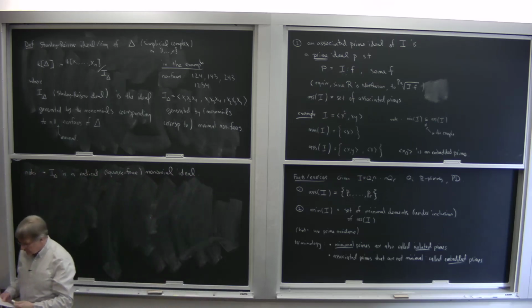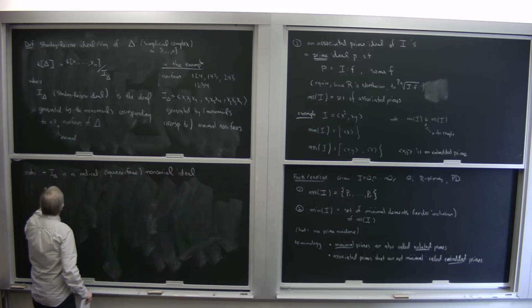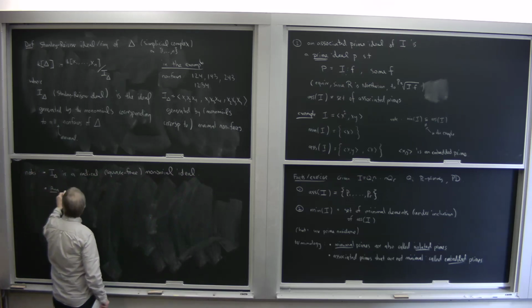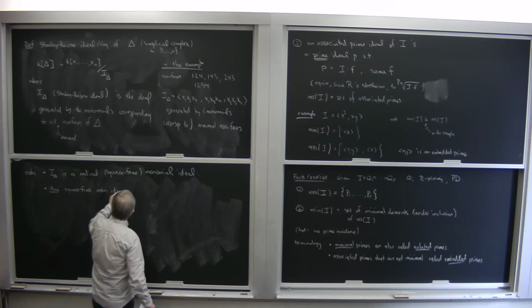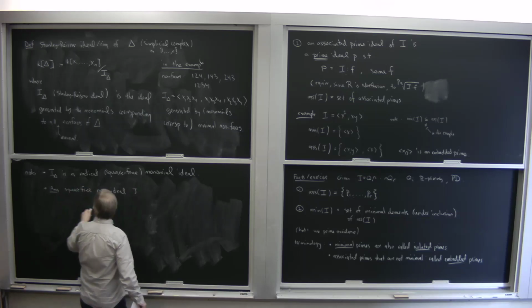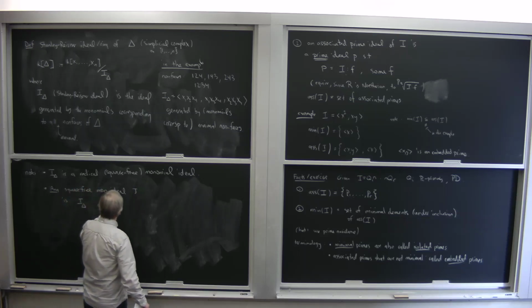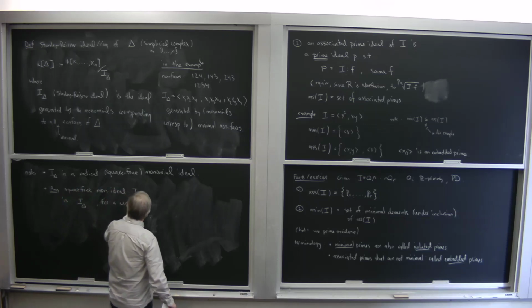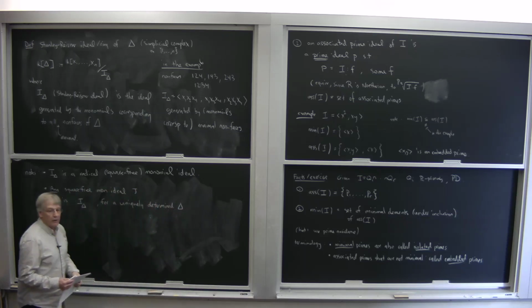Okay. Also, that any radical ideal, any square-free monomial ideal, J is I delta for a uniquely determined delta. Okay, you all see that right off the bat.